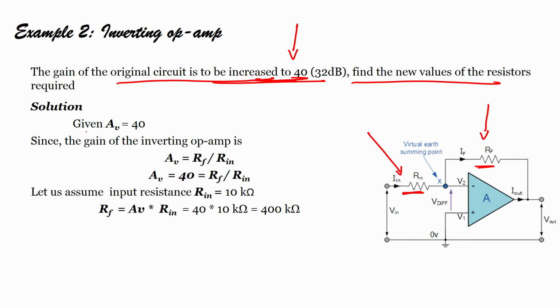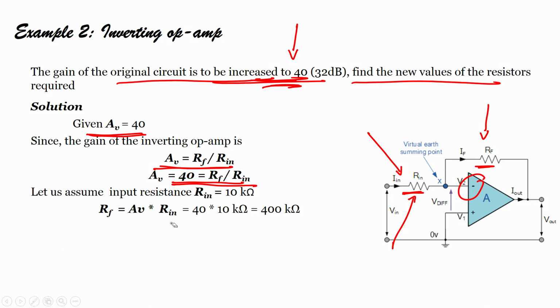So, given AV equals 40, it is already given, the gain is 40. Now, since it is an inverting op amp, is it an inverting op amp? Yes, because we are providing input to the inverting terminal. So, what will be my AV? AV would be nothing but RF by Rin. So, 40 equals RF by Rin. If I assume that my Rin is 10 kilo ohm, then what would RF be?